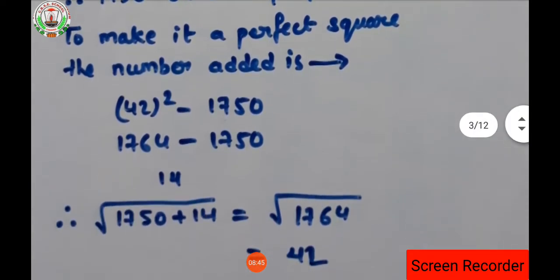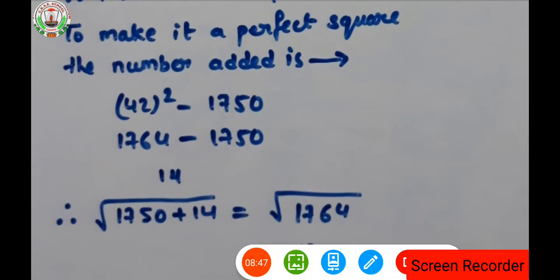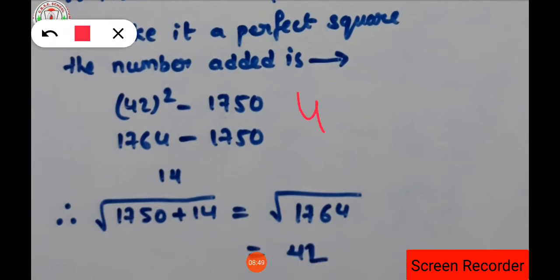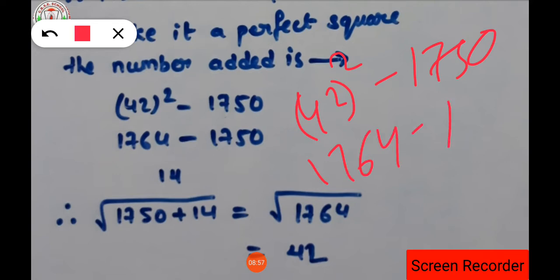So when it is subtracted, what number will we get? 42 square is 1764, subtracted with 1750. So what number are we getting? We are getting 14. Now this number 14 will be added to 1750.